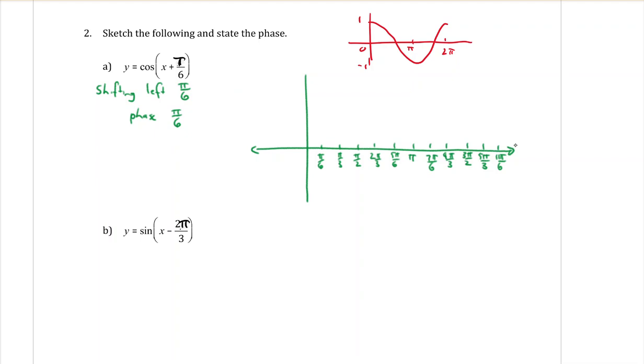And then 12, extend my line a little bit. 12 pi over 6 is finally at 2 pi. Now it's 360 degrees, correct.